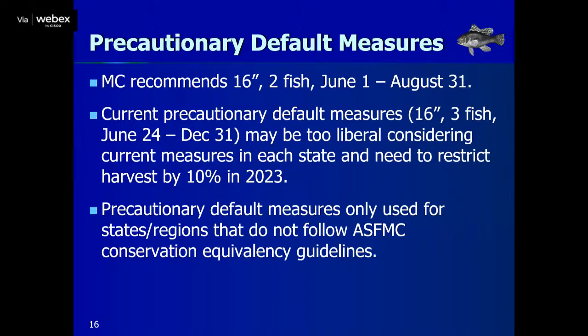The reason these needed to be changed was that the monitoring committee agreed that the current precautionary default measures might be too liberal considering the starting point for measures in each state in 2022 and the need to further restrict harvest in 2023. These measures are supposed to be more restrictive than the measures that any state would consider implementing.